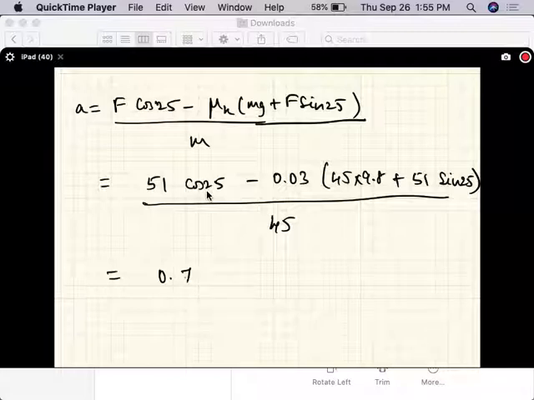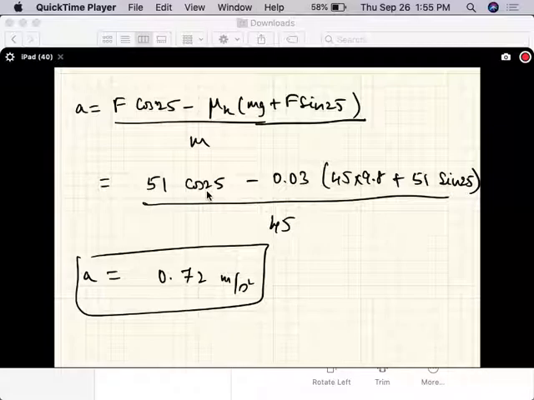And this works out to 0.72 meters per second squared. Okay, so that's the acceleration of the block.